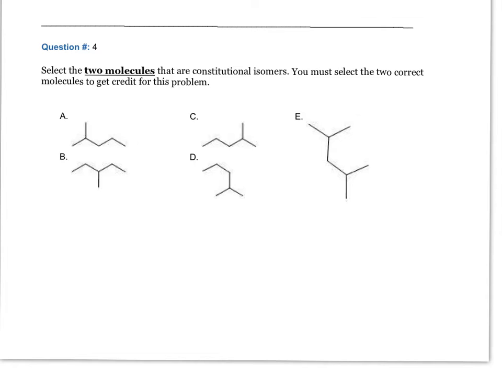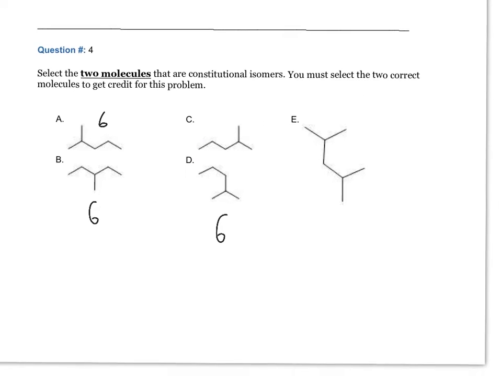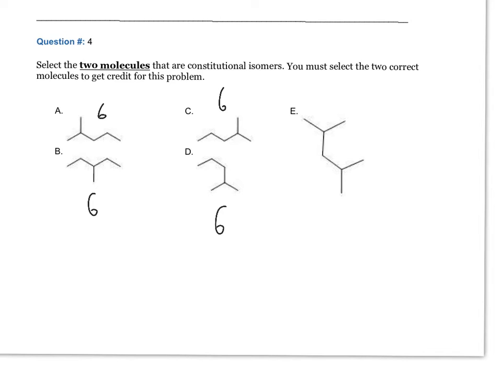So to do this, I'm just going to systematically count the carbons. 1, 2, 3, 4, 5, 6. 1, 2, 3, 4, 5, 6. 1, 2, 3, 4, 5, 6. 1, 2, 3, 4, 5, 6, 7. So we can rule E out.